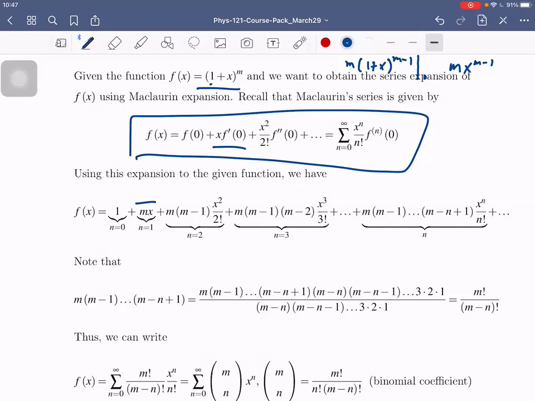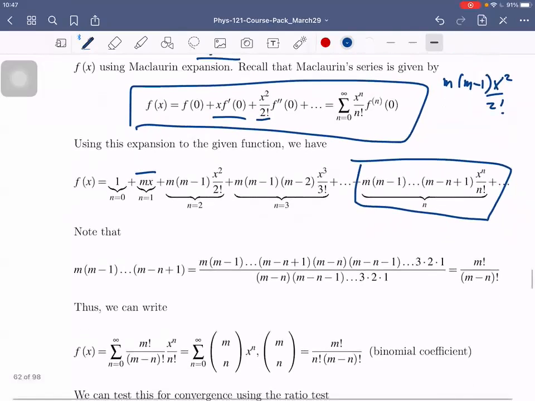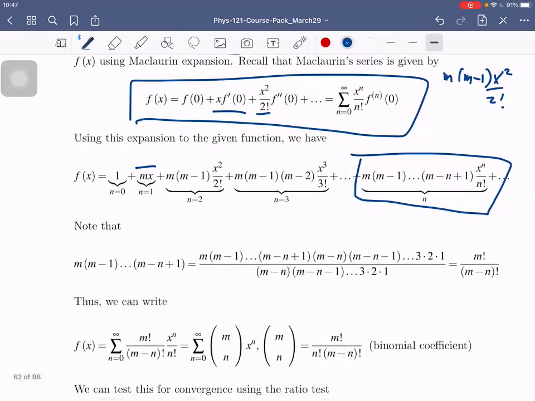And then second derivative, making m minus 1 lang. Then we still have yung x natin magiging x squared over 2 factorial. Dahil yun dito. Okay? And so on. So generally, you have this. Okay? So medyo nakakalito siya. So we have m and n.